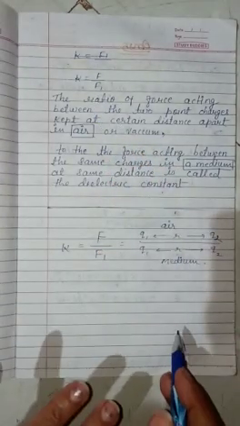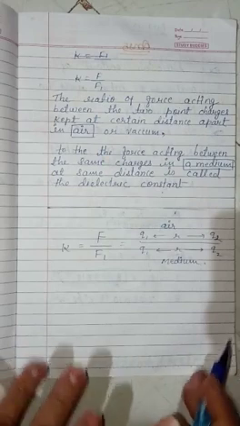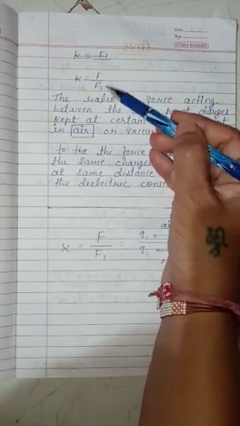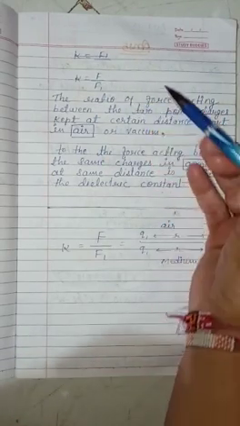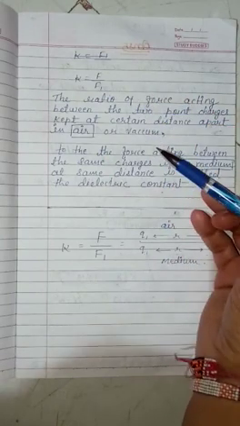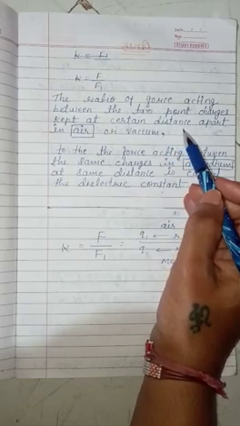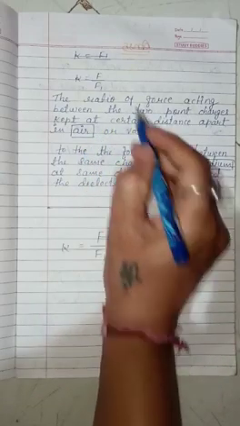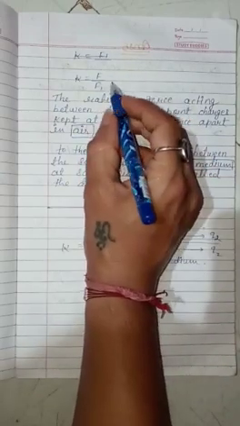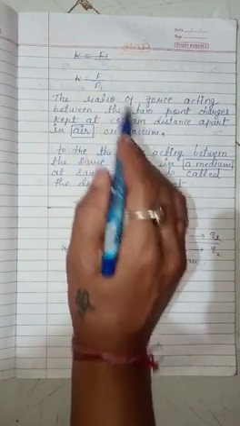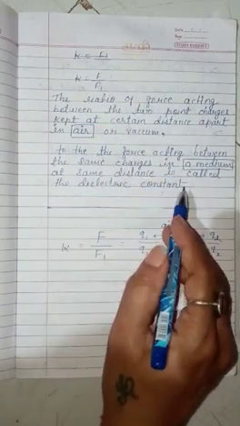K is the dielectric constant, because these two forces are acting between the two point charges, in air or vacuum and in the medium.